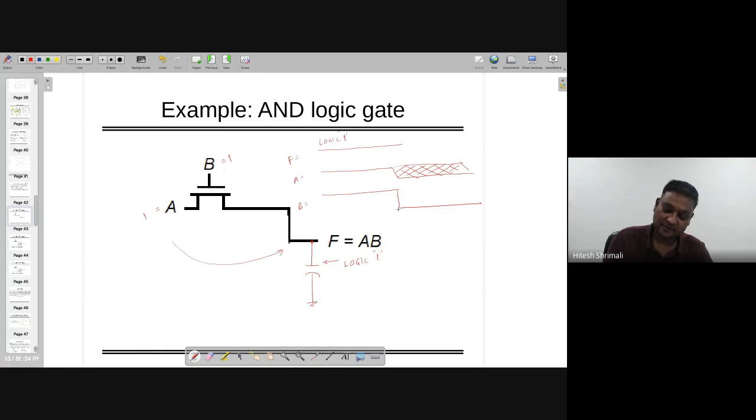In that case, this particular transistor is going to be off. Then there is no connection. It's a high impedance state, so no input is coming from this side and nothing is connected. So what are you going to see at the output? You are going to see logic 1 only, because there is no path which can take this charged capacitor to 0 volt.